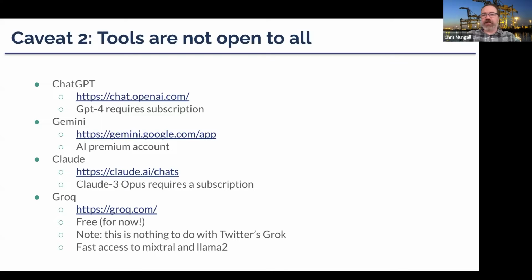And then the other caveat, which is really, to be honest, a little bit problematic at the moment, is that these tools are not open to all. I'm going to encourage you to follow along, but I don't want to be the salesperson for these companies and say you must buy subscriptions. But the fact of the matter is that if you really want to derive the most from the web-based version of these tools, then it makes sense to subscribe to the higher tiers that essentially give you better models.